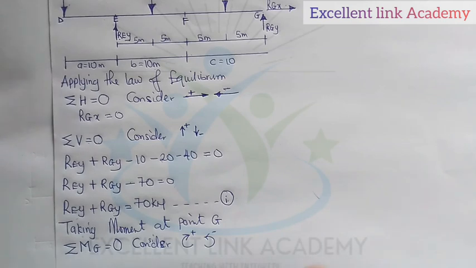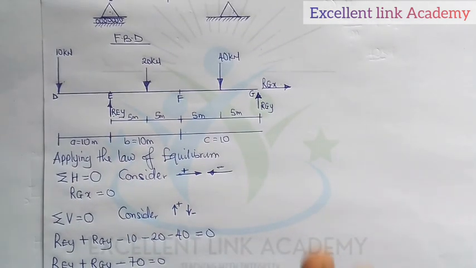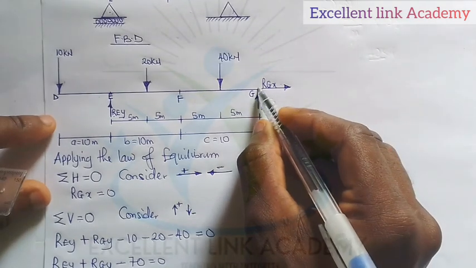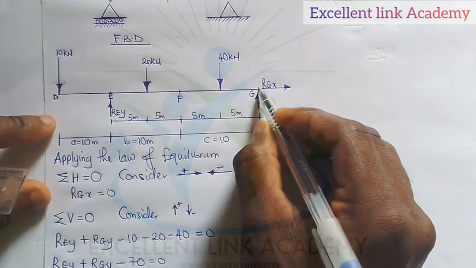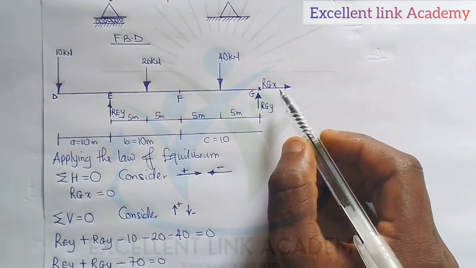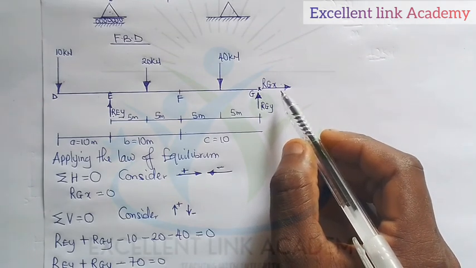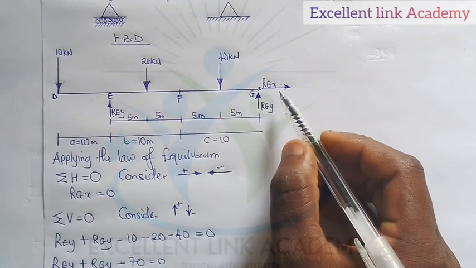Here is my own illustration on calculating for moment. If we take moment at this point here, note something, please: anywhere you're taking moment from, everything that surrounds that position must be equal to 0.